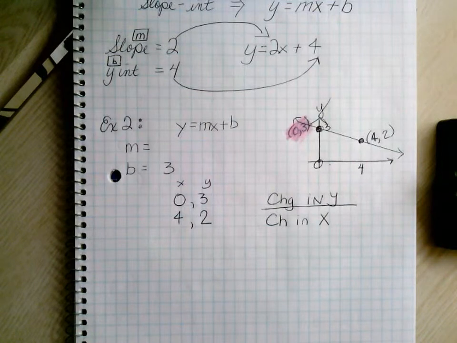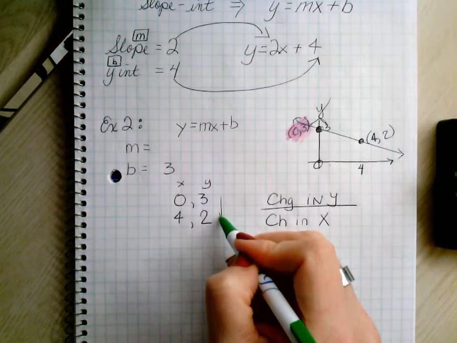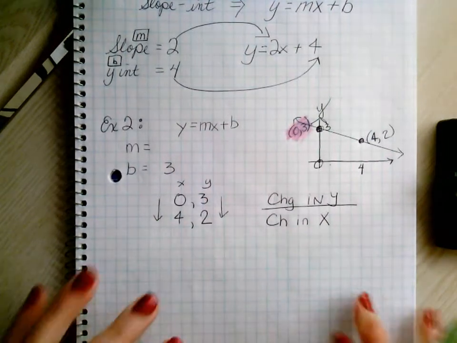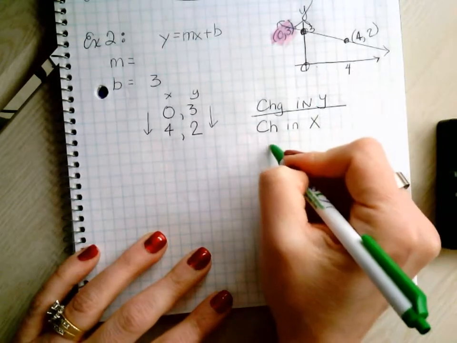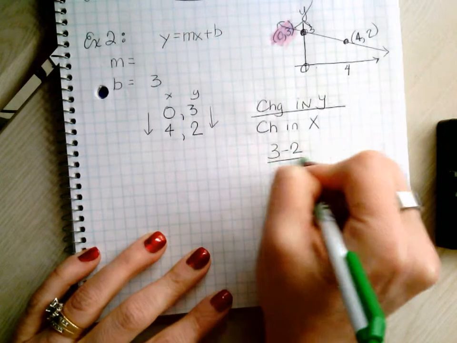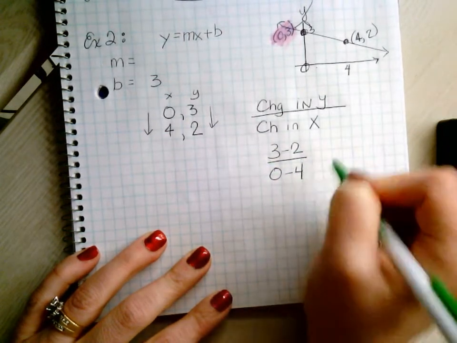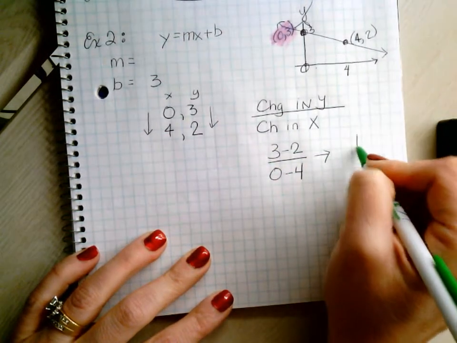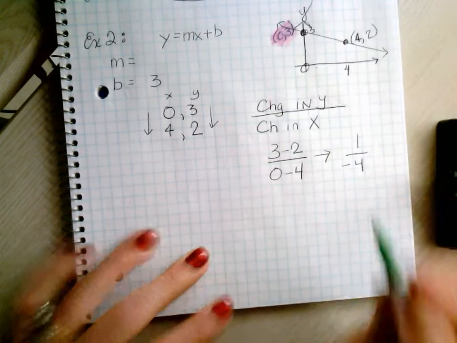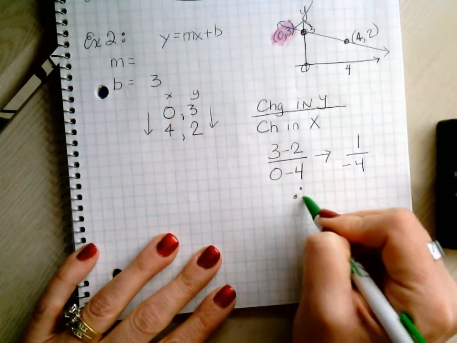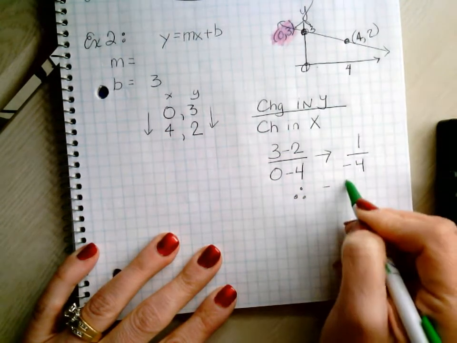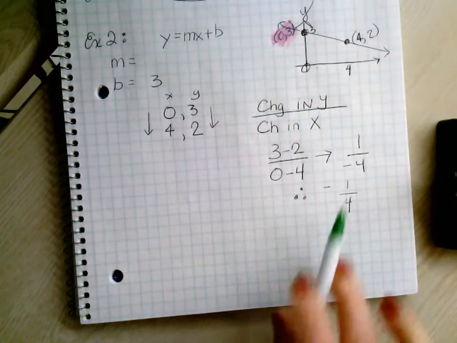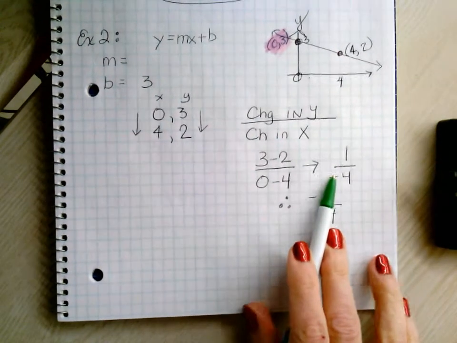I'm going to go in this direction. What goes on top? 3 minus 2, right? And 0 minus 4, which is -4. So you would call this slope -1/4.